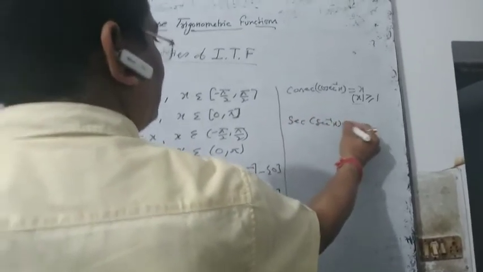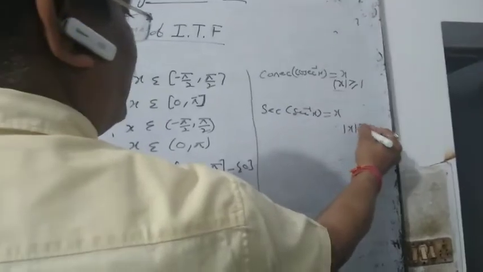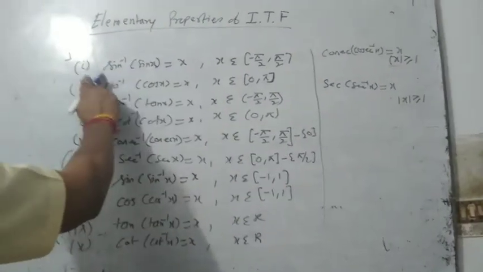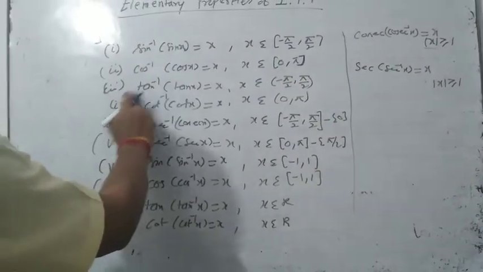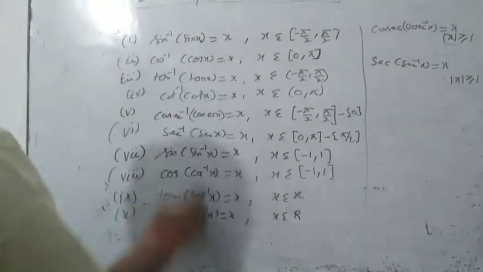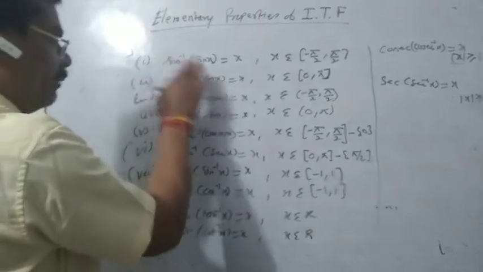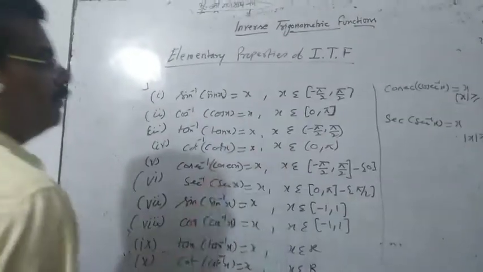Sec of sec inverse x is equal to x, mod of x greater than or equal to 1. So this is the first property. Sin inverse sin x, cos inverse cos x, tan inverse tan x, cot inverse cot x are found according to the principal branch. Then find the value of sin inverse sin x by using the principal branch in this way.